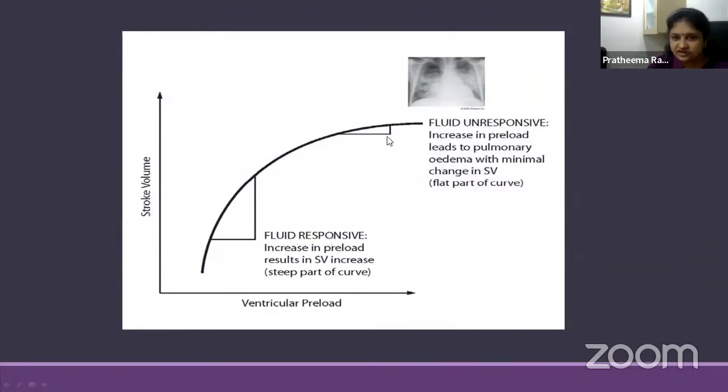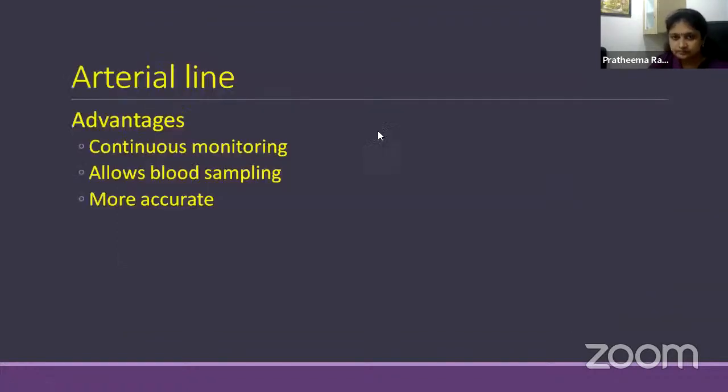But if we give a fluid bolus and the stroke volume is not increasing very well, then that means compliance is bad. If we keep on giving, we are going to flood the lungs also, causing more pulmonary edema. So we need to back off. With hemodynamic monitoring, we will know whether the patient is in this part of the curve or this part of the curve.